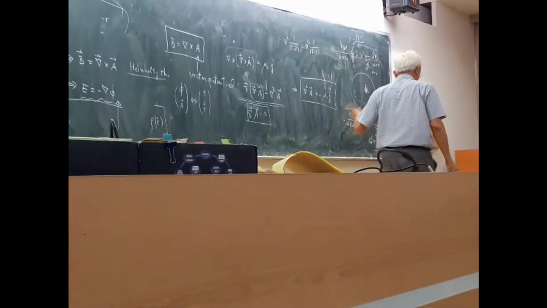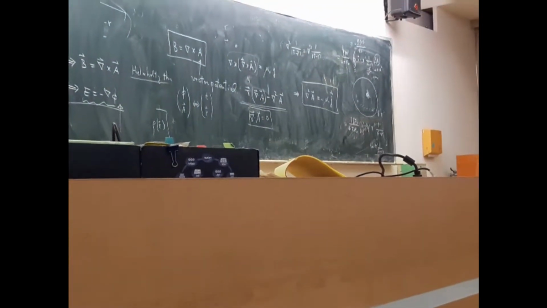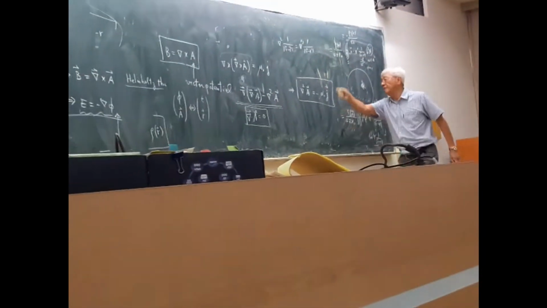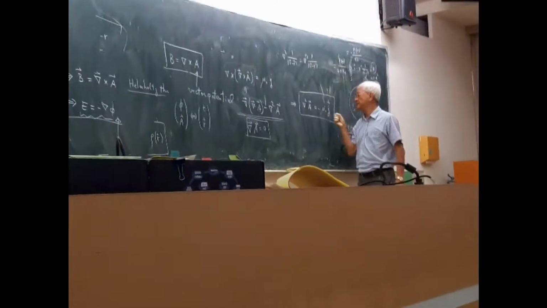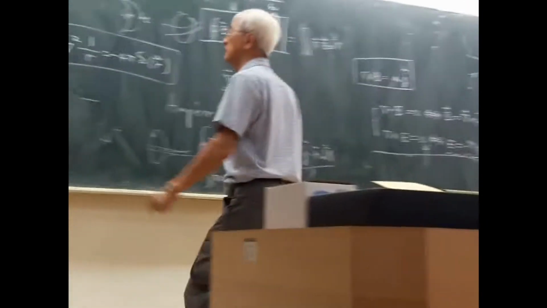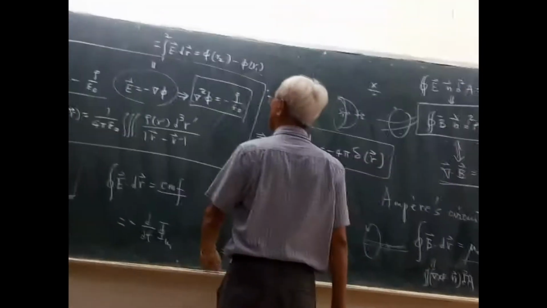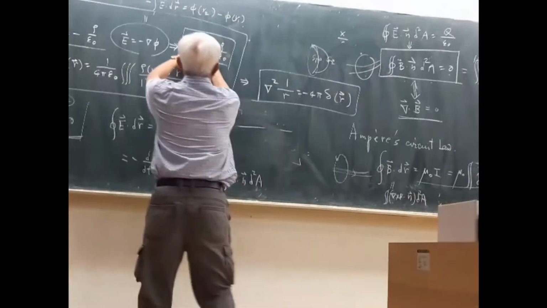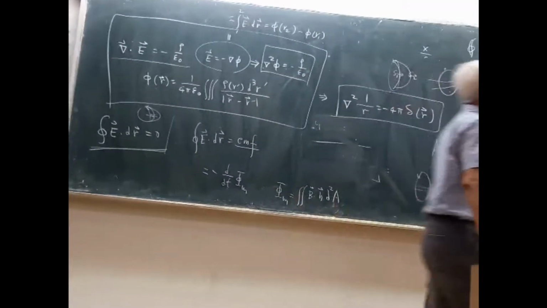Anyway, in any case, each component of A, AX, JX, AY, JY, satisfies this Poisson equation, right? Satisfies the same Poisson equation. What's the Poisson equation?